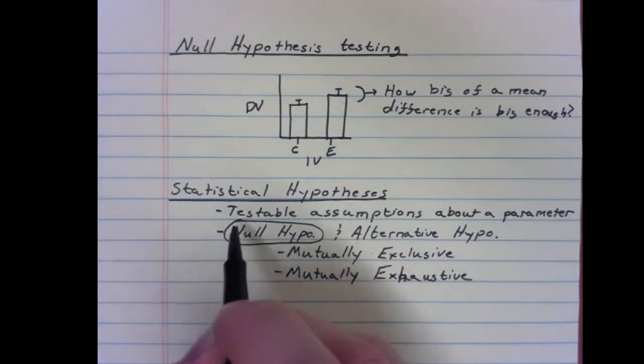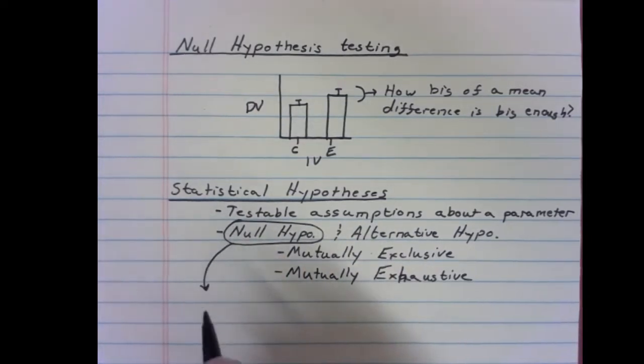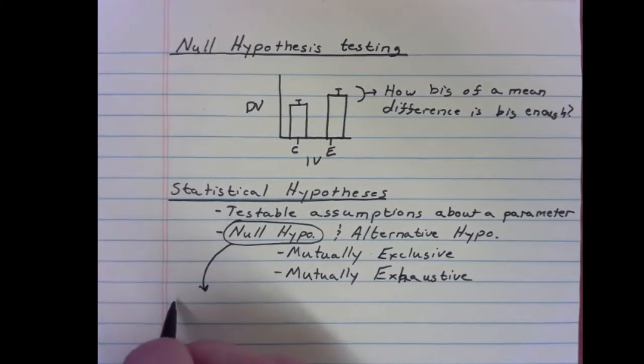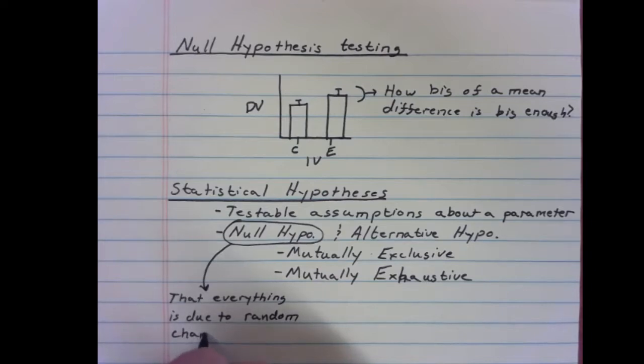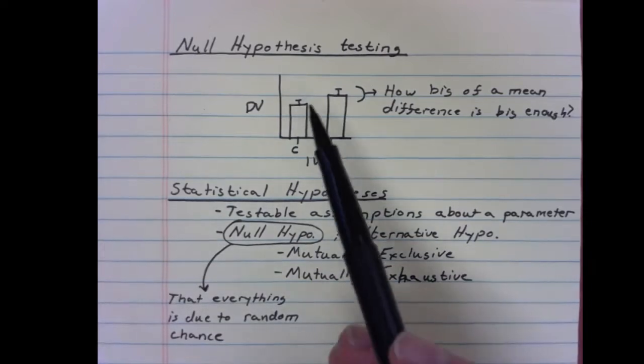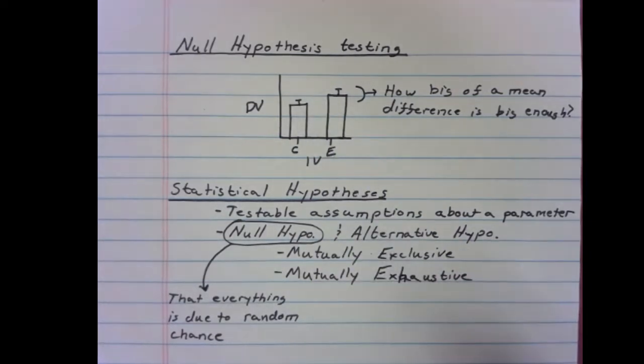Now, let's dive into what each of these hypotheses are a little bit more. The null hypothesis essentially states that everything is due to random chance. So, this mean difference that we're seeing here, it's just dumb luck. It's just sampling error. It's the luck of the draw that we got two samples that are this different.